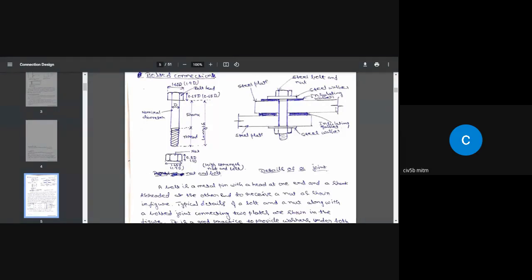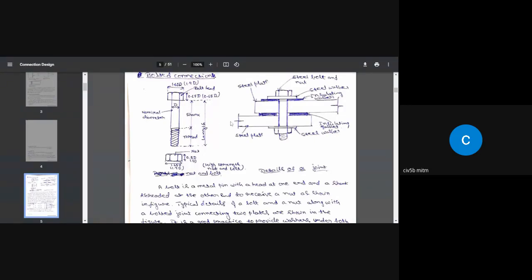When you apply tensile force here, there is going to be another tensile force of the same magnitude, say P. Once you pull it, this side of the bolt gets in contact with this side of the plate. Similarly, when you come here, this side of the bolt gets in contact with this side of the plate. So diagonally opposite sides come in contact with the bolt and the plate.